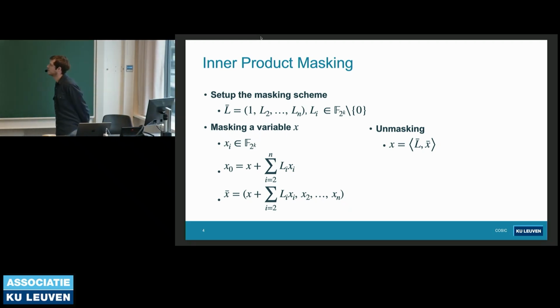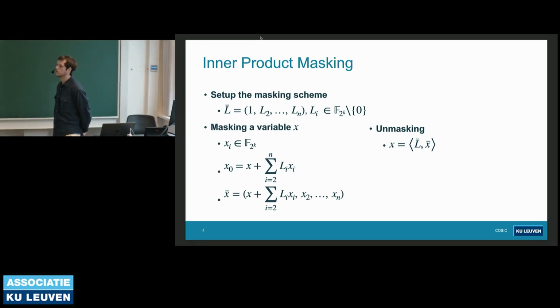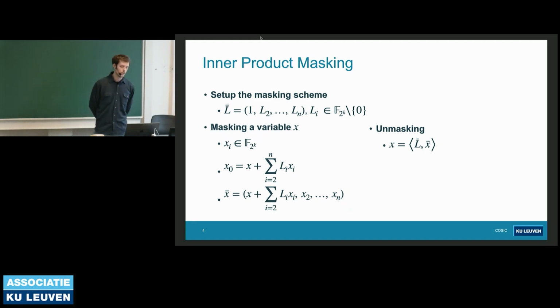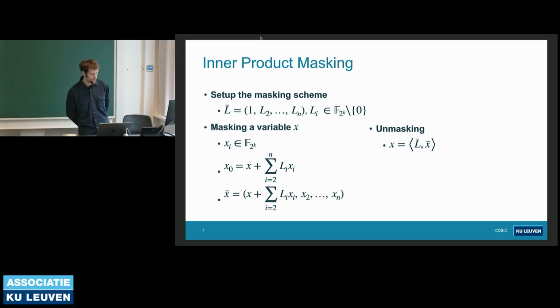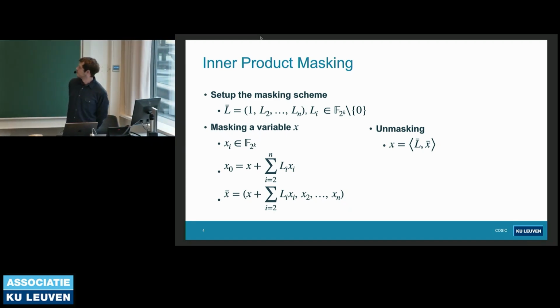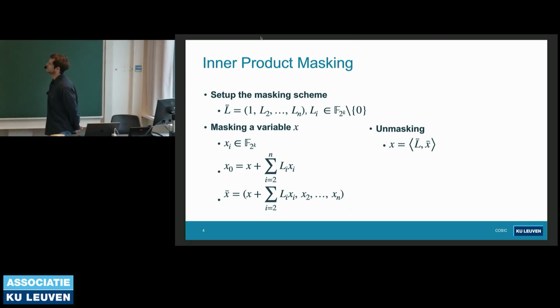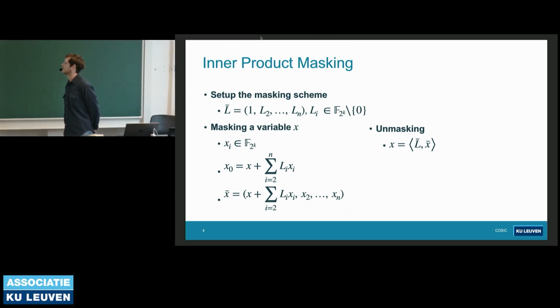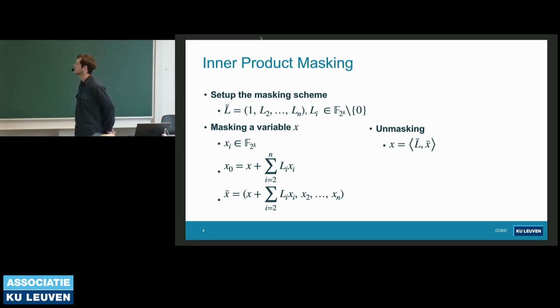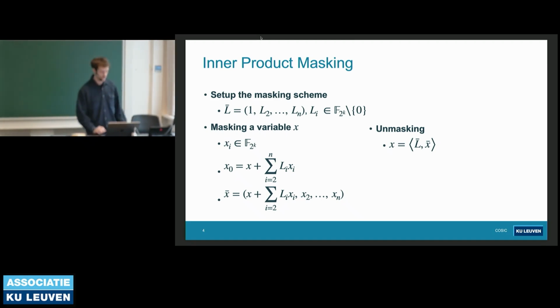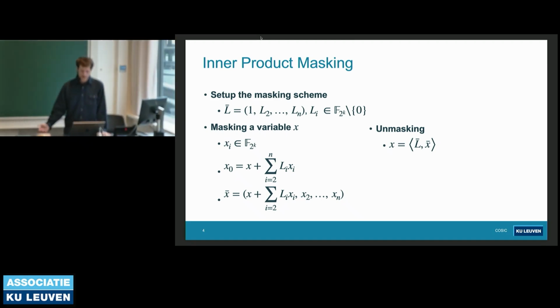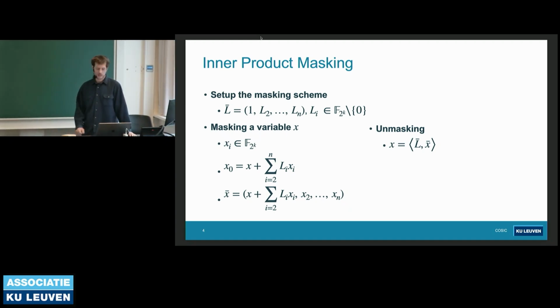Then to mask a variable X, as always, you generate some randomness, and for the first share, X0, you now add to the secret value X not Xi directly, but the multiplication of Li times Xi. You do that for all the randomness. You get a vector of shares, and then to unmask, you do the inner product between the vector L and the vector of shares.